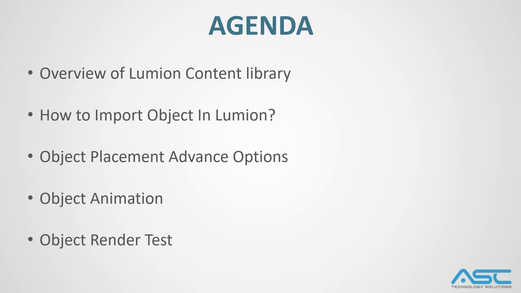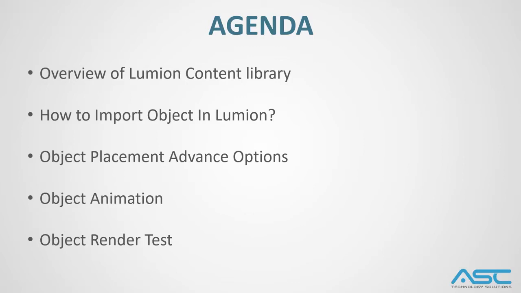We'll talk about what is where, how we can place the trees, and how we can get the transportation library, etc. We will also see how to import objects in Lumion. This is a main interest point. I understand a lot of people want to know how they can import their objects in Lumion. We'll also talk about the object placement advanced options.